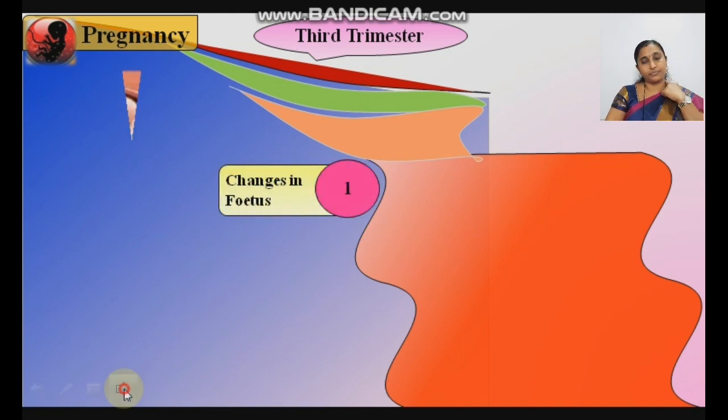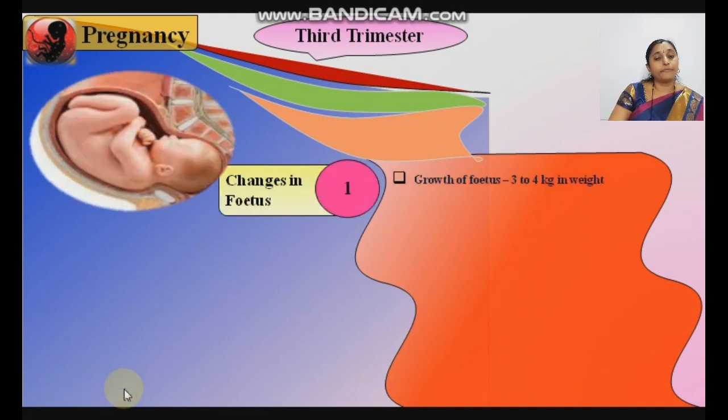Third trimester. In this trimester, the fetus is fully developed, reaches up to 50 centimeter length, and there is a gain in body weight, 3 to 4 kilogram in weight. If suppose less weight, then the doctor gives suggestions, gives instruction to that woman and her parents. So this weight is normal, 3 to 4 kilogram, and also an increase in length, 50 centimeter.